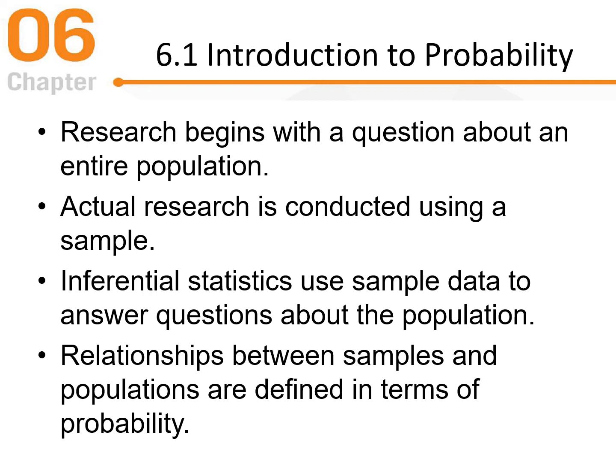Research is conducted using a sample. A sample is a subset of the population, and we try to draw an inference based on the sample, an inference about the population. So we're always going from sample to population, and that is the basis of inferential statistics. Relationships between samples and populations are defined in terms of probability.